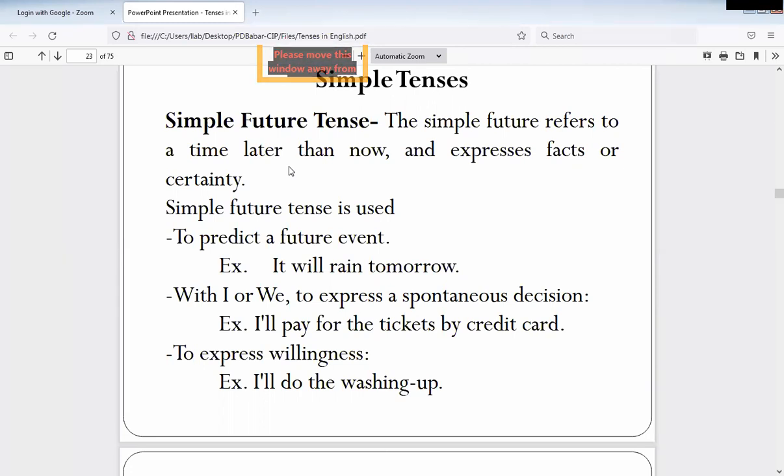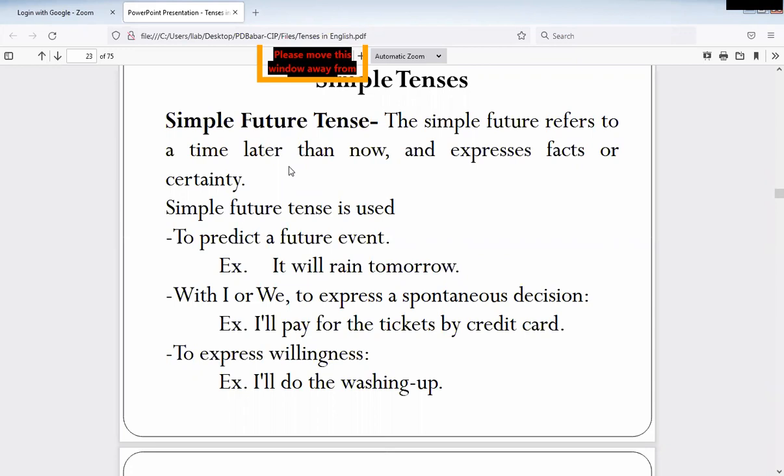Then the third use is to express willingness. An example is, I will do washing up. So this is willingness.